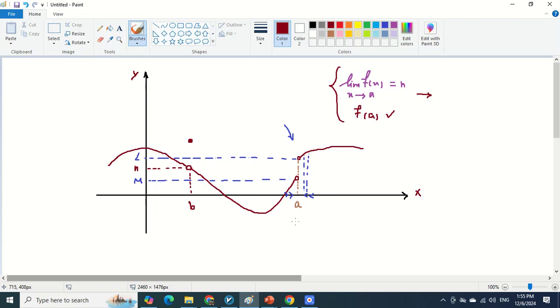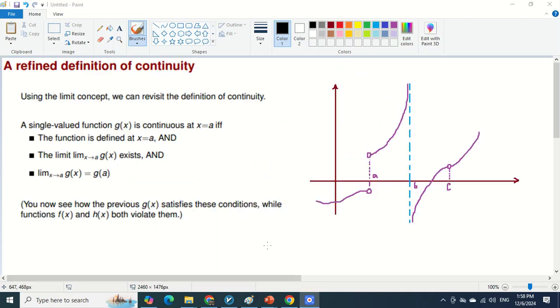This means that we can recap all these three conditions in one page as follows. As you can see over here, we have a refined definition of continuity. Using the limit concept, we can revisit the definition of continuity as following. A single value function g(x) is continuous at point x equal to a if and only if these three conditions hold true.